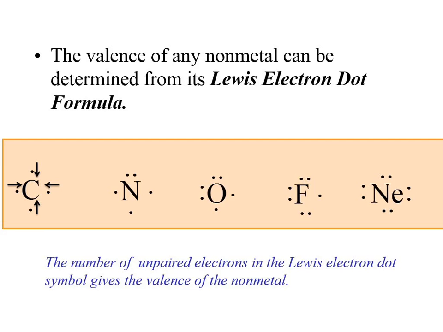Oxygen has places for 2. Fluorine has places for 1. And neon's full. So that kind of shows you how they might reach out and shake hands with regard to forming sigma or pi bonds.